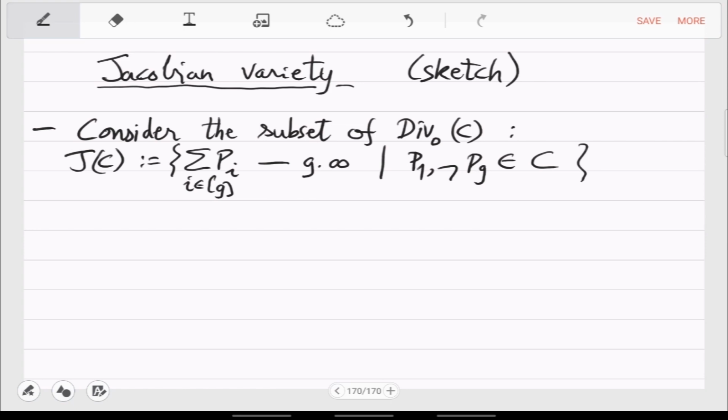Go over all the subsets of g points on the curve and just sum them up, and to make the degree 0, subtract genus times the point at infinity. So this is the subset which we call the Jacobian, and it has amazing properties.